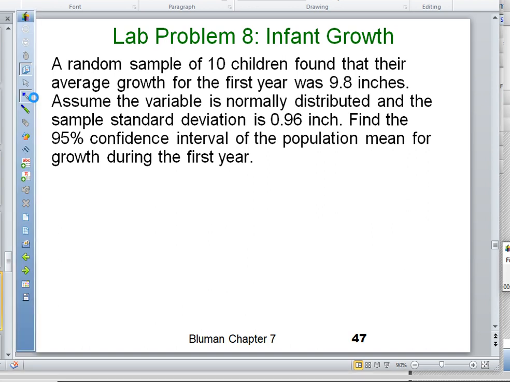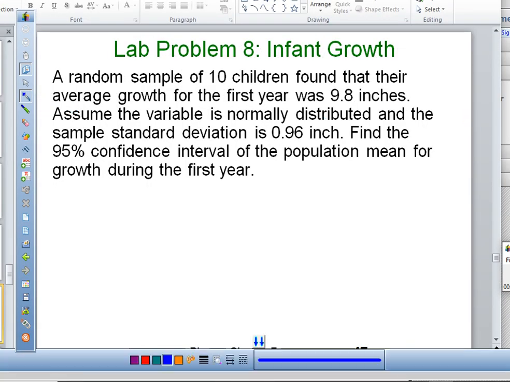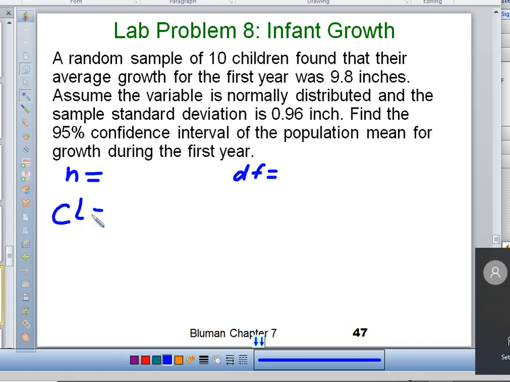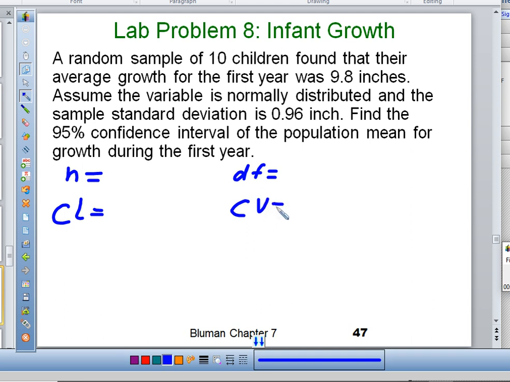Lab problem 8. So you go ahead and do this one. Again, don't forget you need to find your degrees of freedom. You need to figure out what your n is, figure out from there what your degrees of freedom is, and then figure out what your confidence level is. Then use that and your degrees of freedom to figure out what your critical value is.